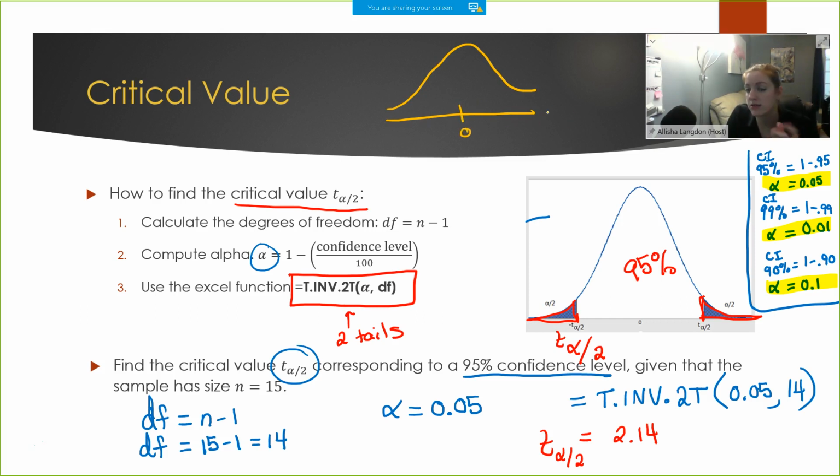So this was 0, and then our values here. Same thing, but instead of a z, we're going to have a t. Okay, so my t-scores, my t of alpha over 2, are going to be a positive 2.14, and then also a negative 2.14, because it's two-tail. And then this would be my 95% confidence interval. So that would be how I would come up with the critical value.